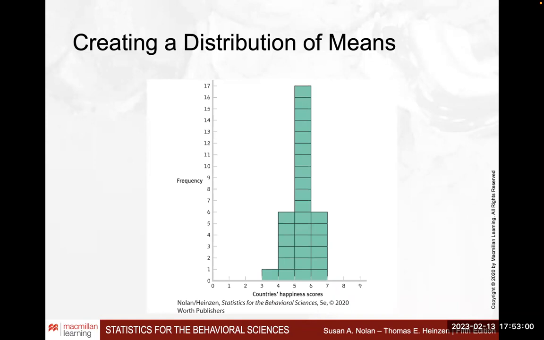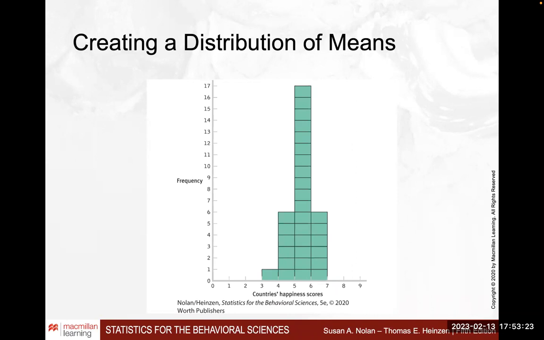Each of these mean estimates here are actually samples from those 157 countries, and you calculate the mean. This actually will get much slimmer, and the mean of means of all these sample mean estimates will then be a very accurate estimate of the population mean.